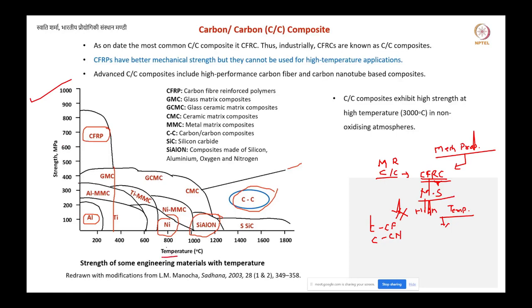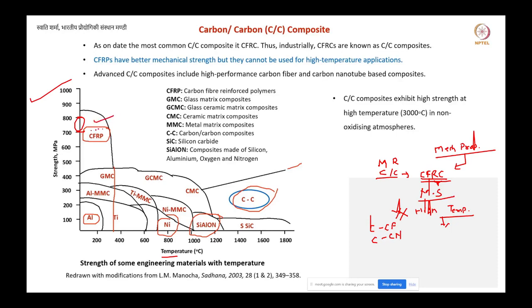Let's say if you will require a very high tensile strength around 700 to 800 megapascal in this range, and in this region you don't need a very high temperature, then what will be the good option?